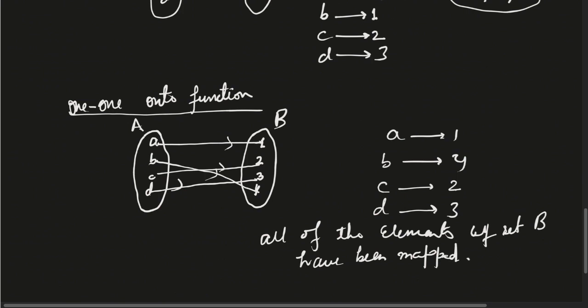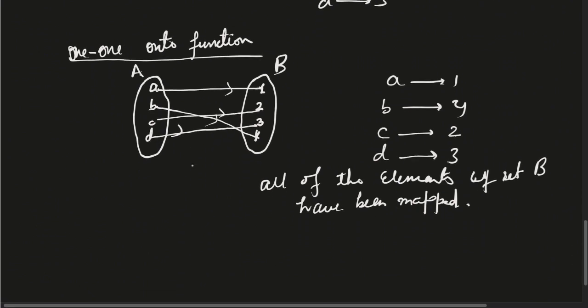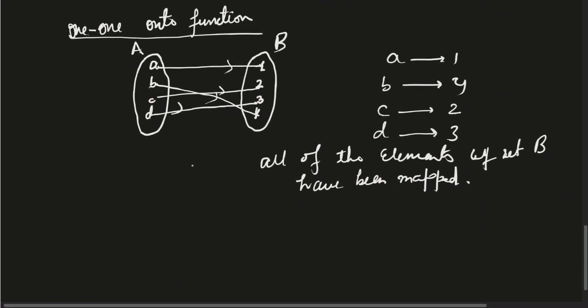No element is left unmapped. Such a function is called a 1-1 onto function, and this is very important. When we see the inverse of a function, we will see that we can have an inverse only for those functions which are 1-1 and onto.